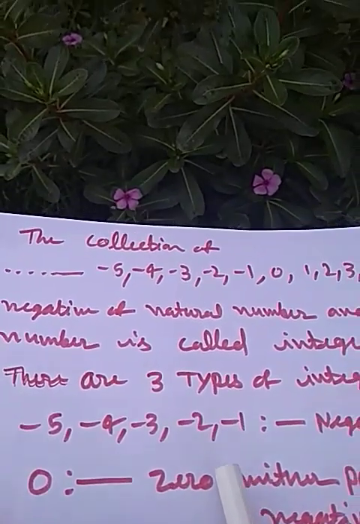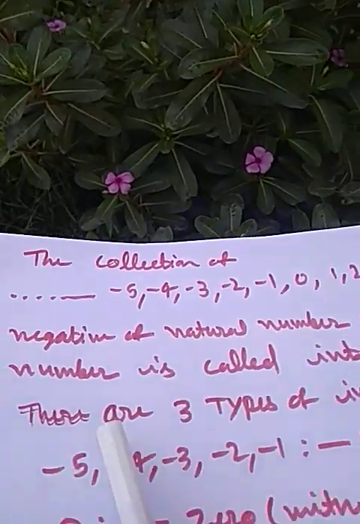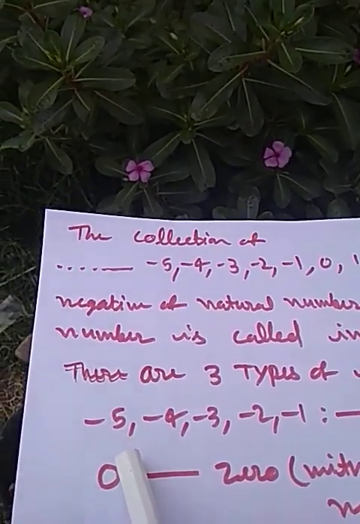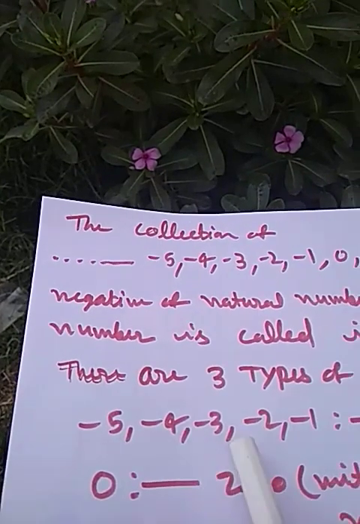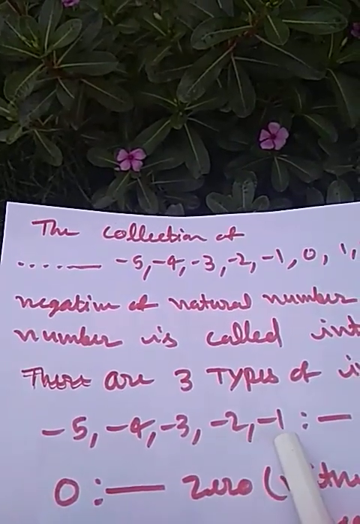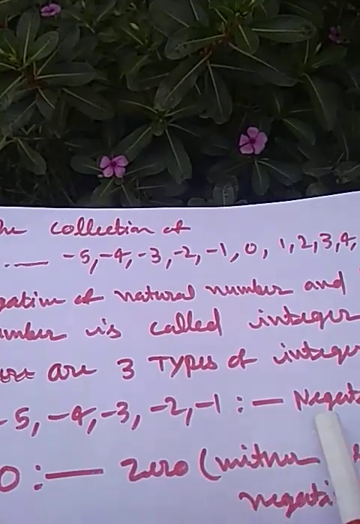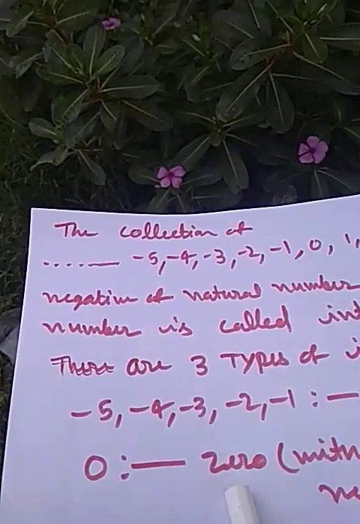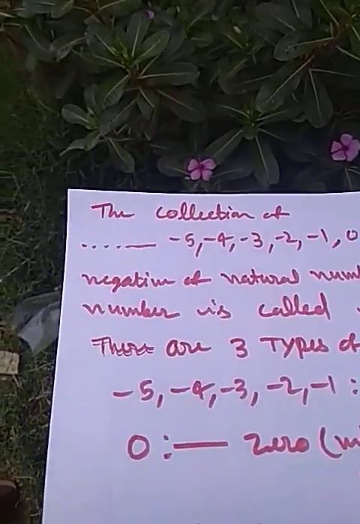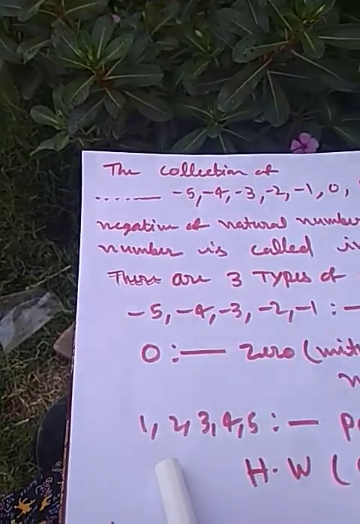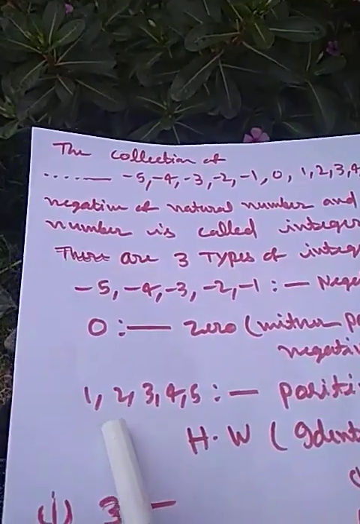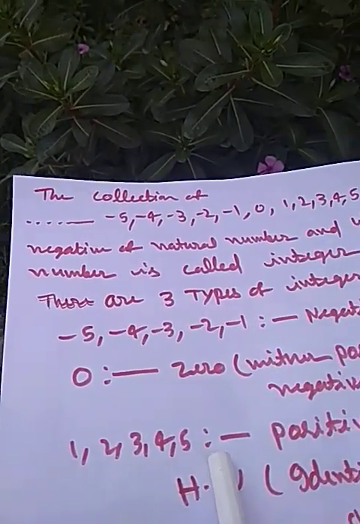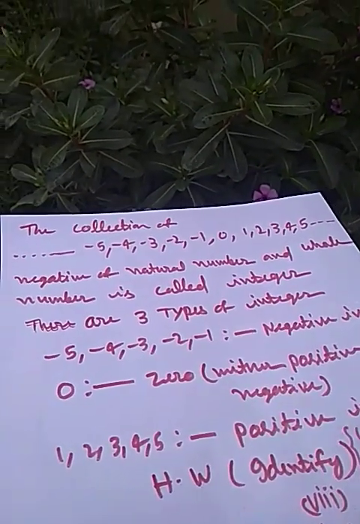There are 3 types of integers. First is the negative numbers, such as minus 5, minus 4, minus 3, minus 2, minus 1. These are the negative integers. Second is 0. 0 is only 0, and 0 is neither positive nor negative. The third type of integer is 1, 2, 3, 4, 5, and so on, and it is denoted by the positive integers.